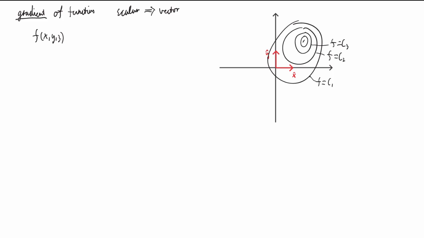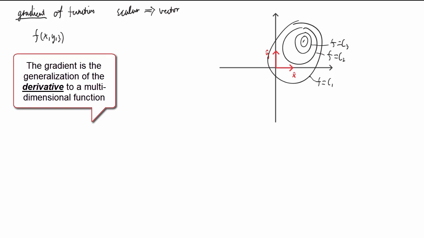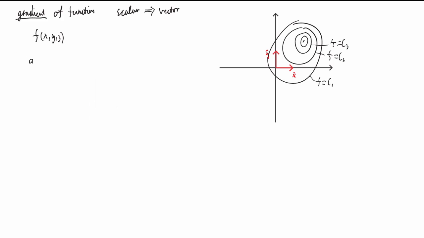The gradient, as you know, is a generalization of the derivative to a multivariable function. And it's defined in the following way. The gradient of f in Cartesian coordinates is the partial df dx, partial df dy, and partial df dz as a vector. Because of that, we can write it like this.